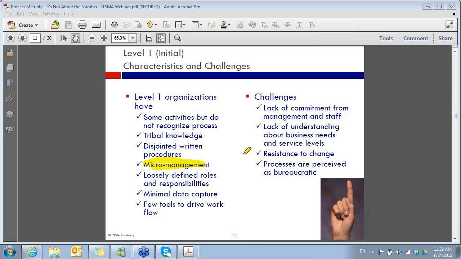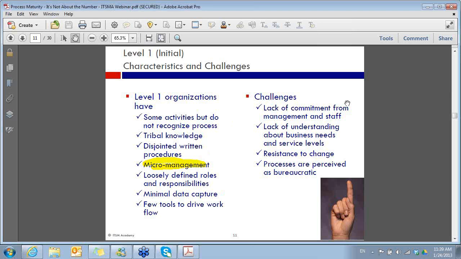And chances are you're not doing a good job of capturing data because people don't have time to capture data, right? Again, you're kind of flying by the seat of your pants and everybody's just trying to survive. At this stage of maturity, a lot of times it's really difficult because it is such a chaotic environment to get the management commitment and the staff commitment you need just to spend time talking about processes and putting processes in place.